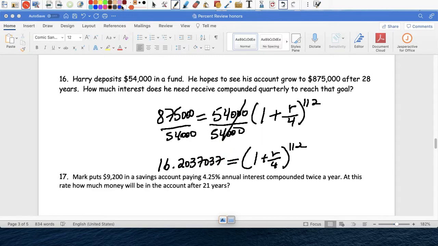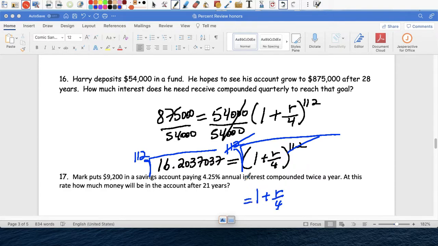Now you've got to get rid of that exponent, so let's take the 112th root on this side and do the same thing on this side. That and that goes away. I get rid of my exponent, thank God. On this side, it's 112, second function, root.